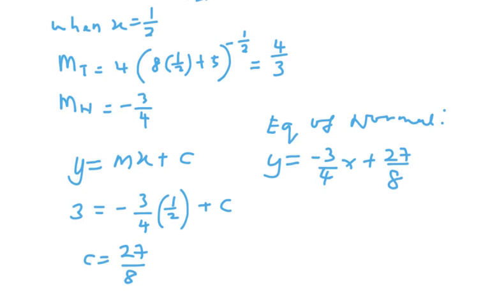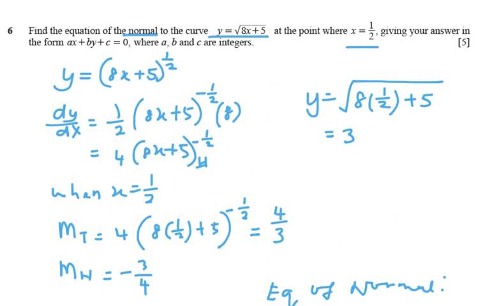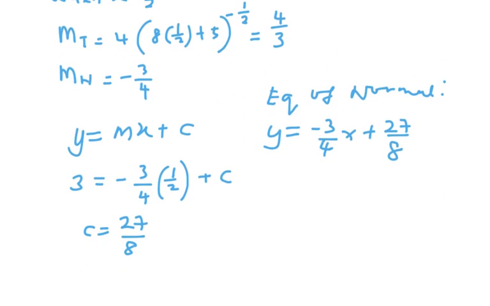Your final answer has to be in the form of ax plus by plus c. So hence, you have to write it in this form. What you can do is multiply the whole equation by 8. So you will be getting 8y equals to negative 6x plus 27.